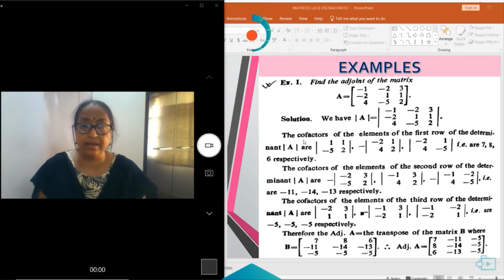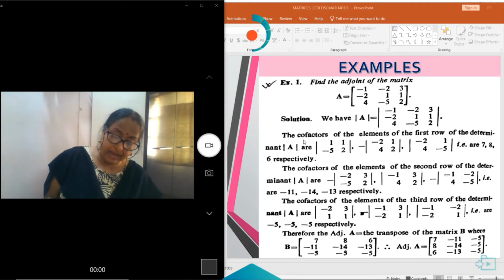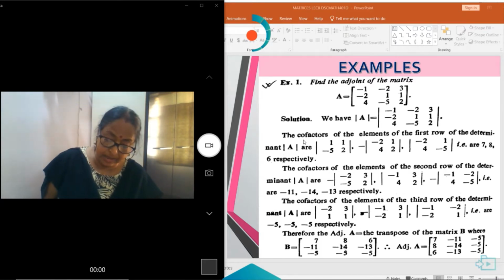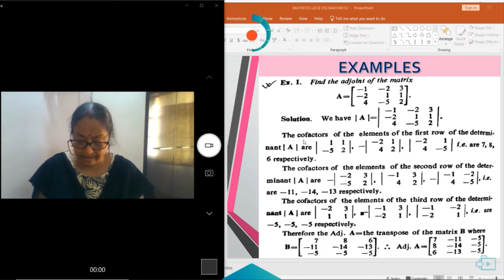After finding the values of the cofactors A11, A12, A13, A21 and so on, which are written as a matrix known as B. B is equal to A11, that is 7, A12, that is 8, and A13, that is 6. Similarly, others are written.